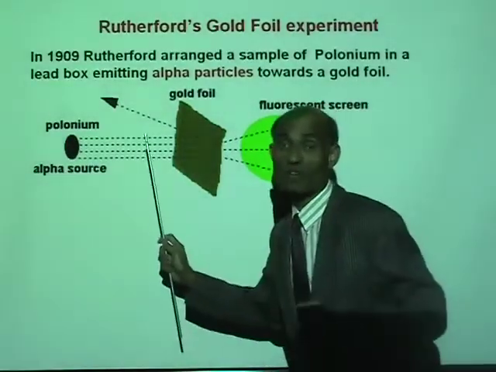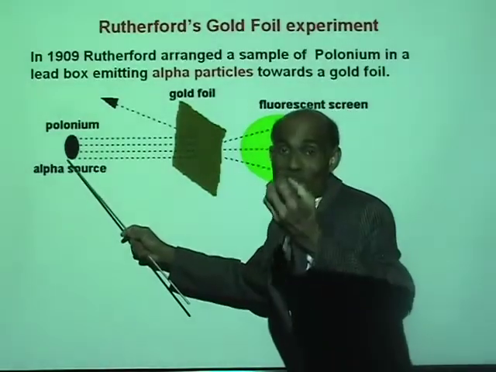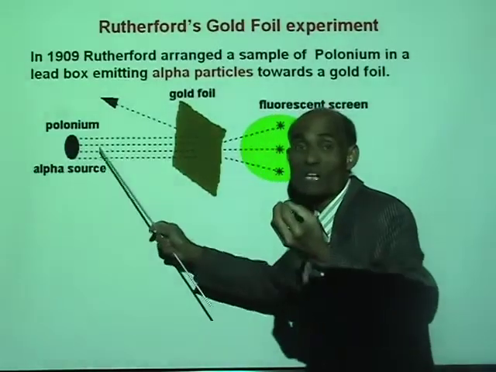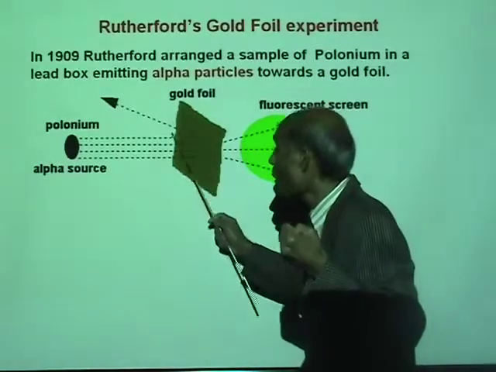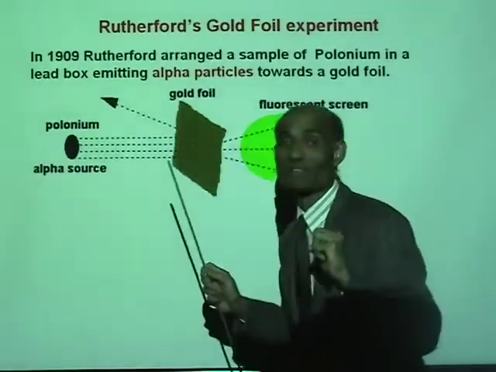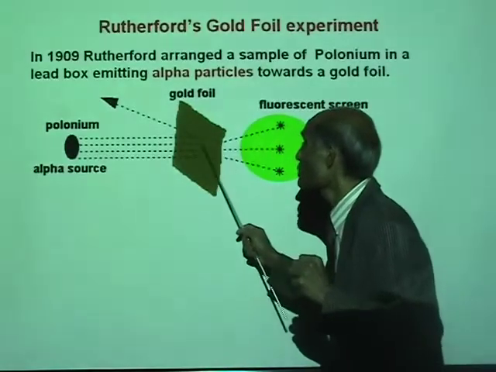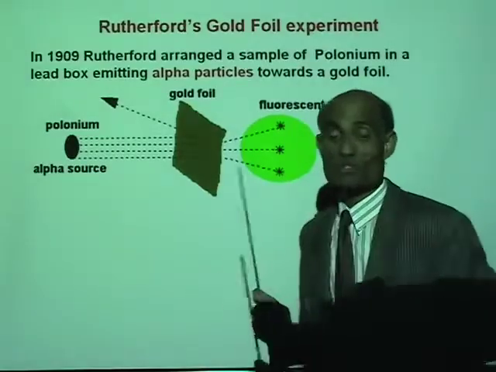So once again, look at the arrangement he made. This is the gun, the polonium sample, from where alpha particles are released. So the alpha particles are the bullets, and the gold foil is the target. Now, after hitting the gold atoms, these alpha particles were detected on the screen.